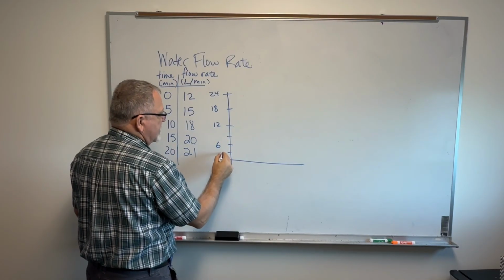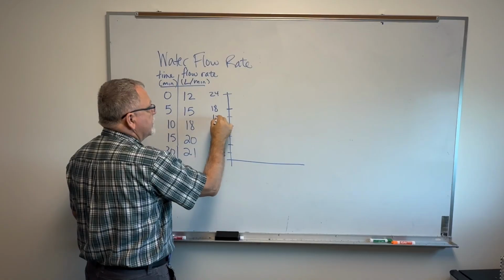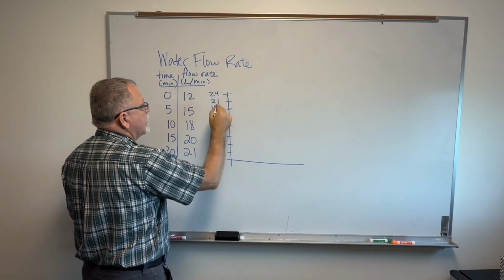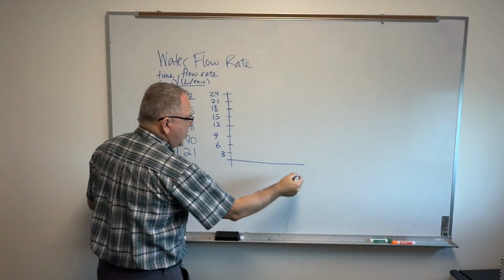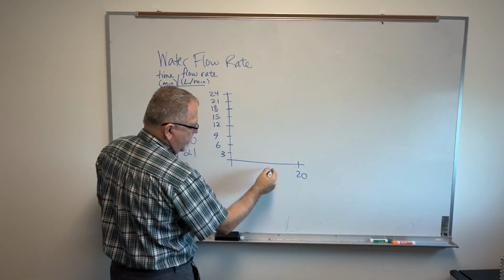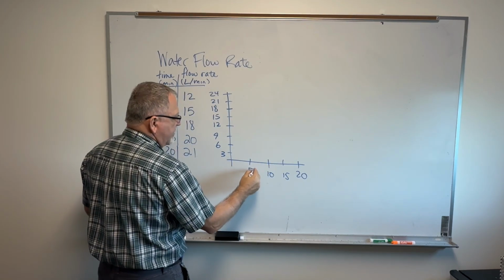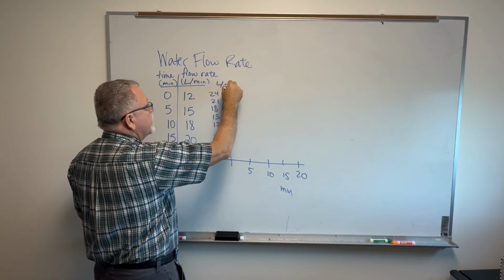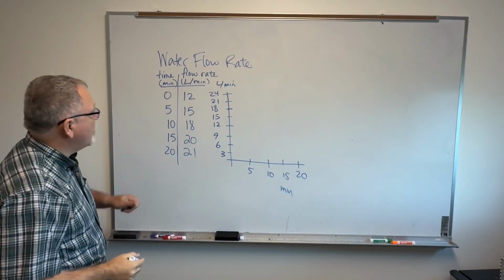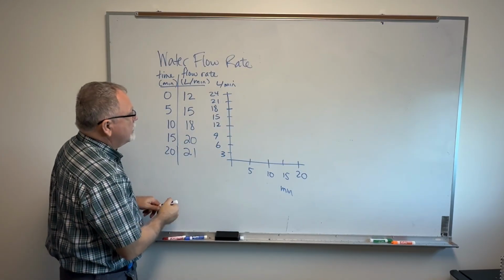And maybe I'll cut those in half. That gives me 3 and 9. Gives me 15 in there, and then 21 in here. Now I'm going to need to go out to 20. Let's call this 20. Cut that in half, I get 10. So that'd be 15 and 5. These are minutes over here, and these are liters per minute up here. Let me go ahead and plot those points. At 0, I'm up at 12.